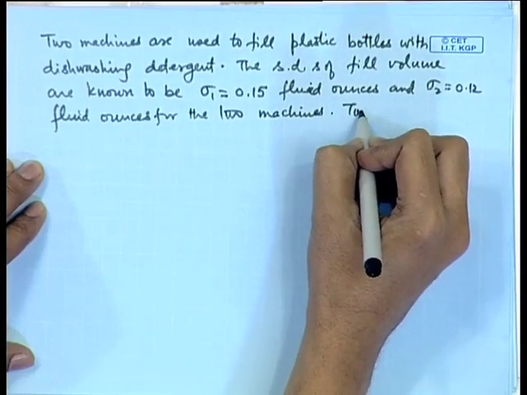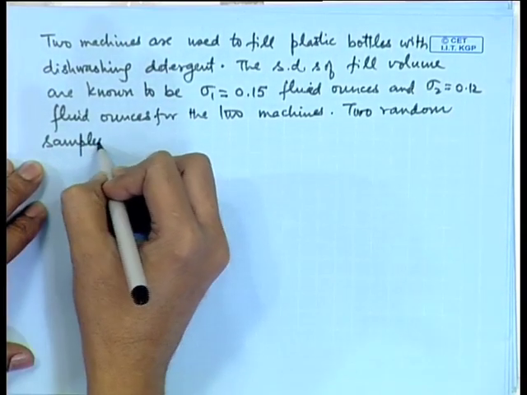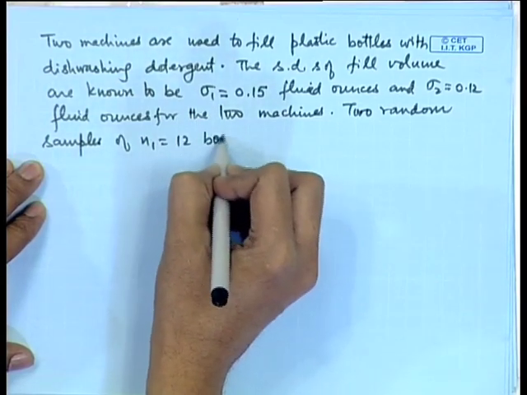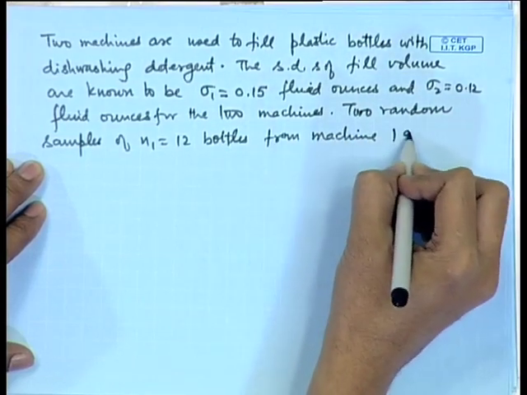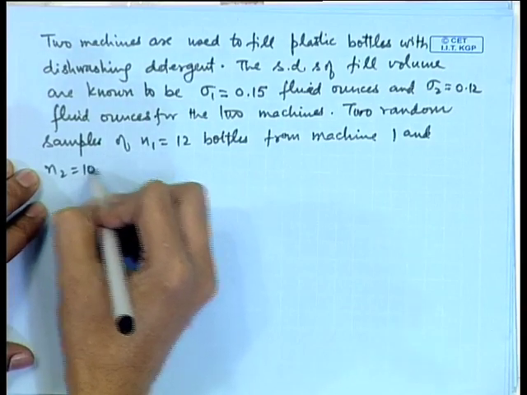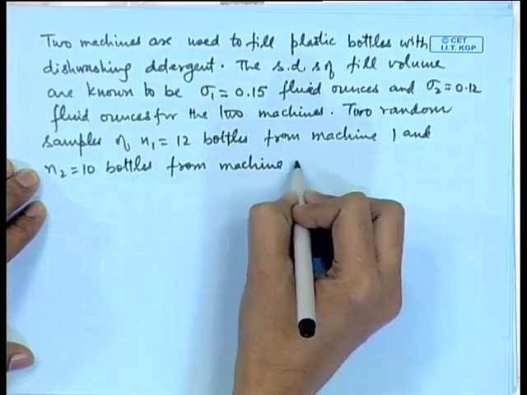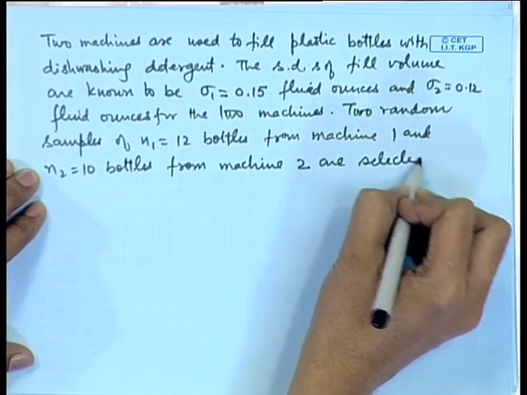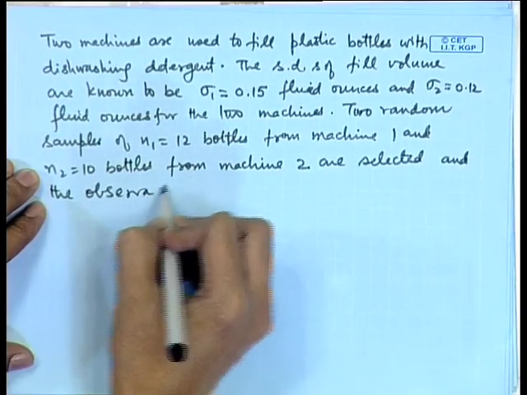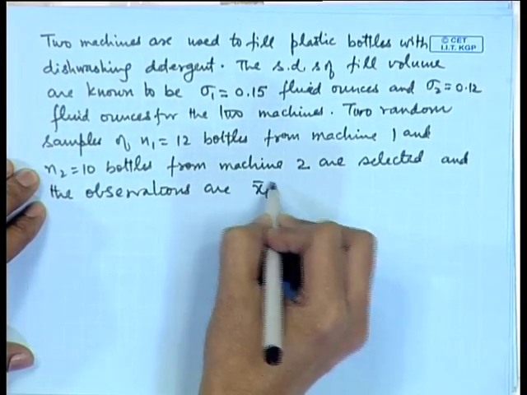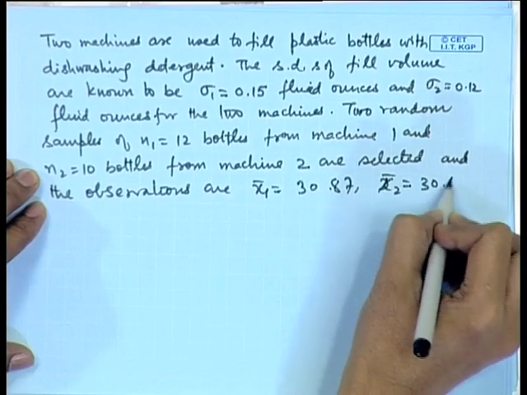Now, two random samples of n 1 is equal to 12 bottles from machine 1 and n 2 is equal to 10 bottles from machine 2 are selected, and the observations are x 1 bar is equal to 30.87, x 2 bar is equal to 30.68.